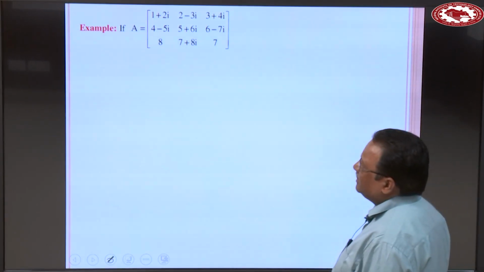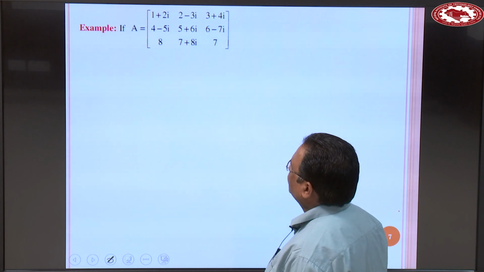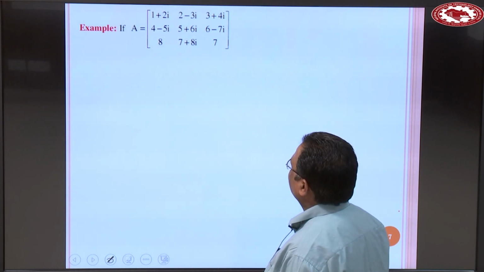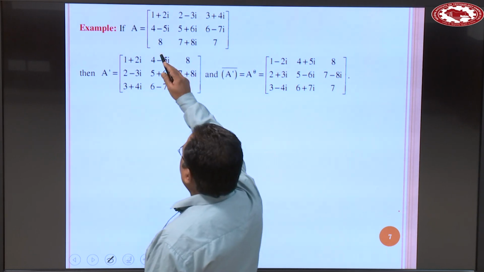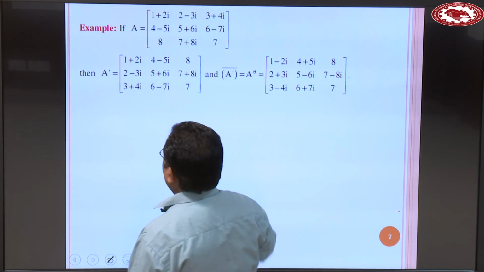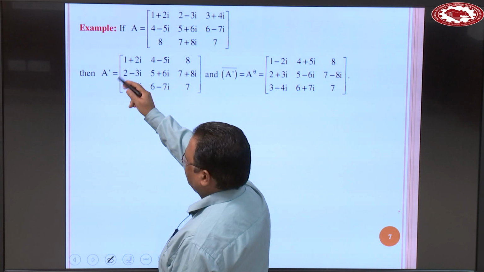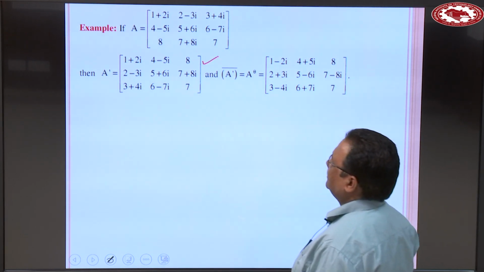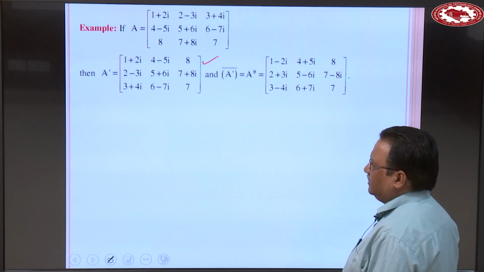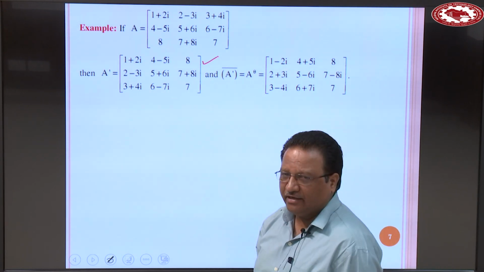For example, if A is equal to 1 plus 2 iota, 2 minus 3 iota, 3 plus 4 iota, 4 minus 5 iota, 5 plus 6 iota, 6 minus 7 iota, 8, 7 plus 8 iota, 7. Then A dash, meaning A transpose, is this. You just interchange rows and columns.